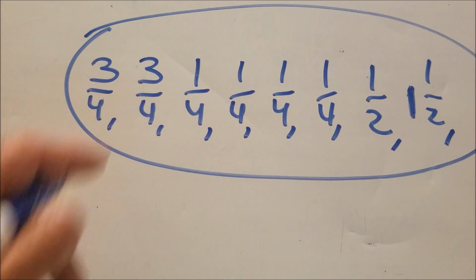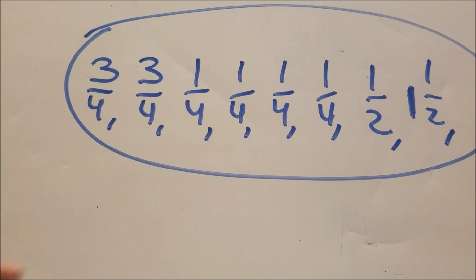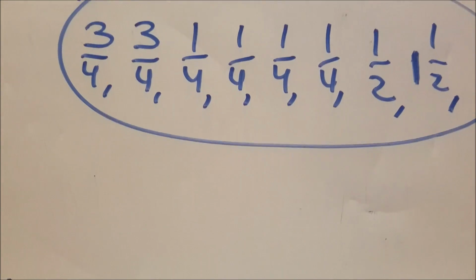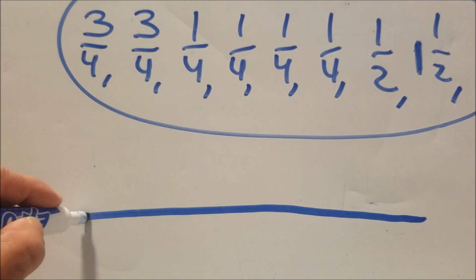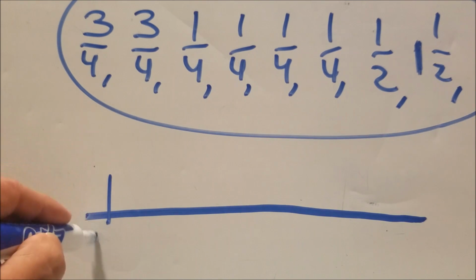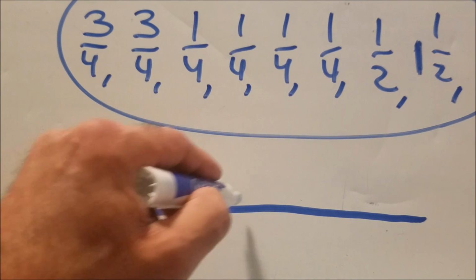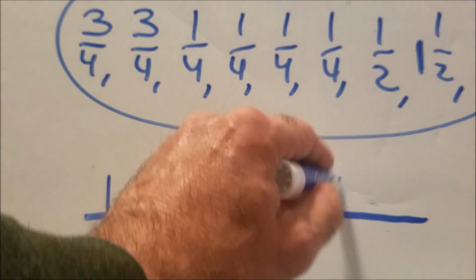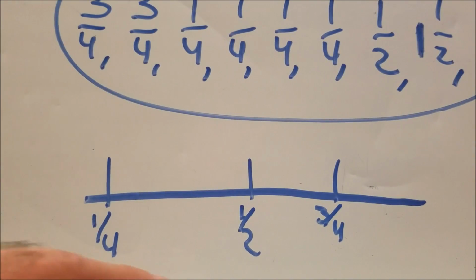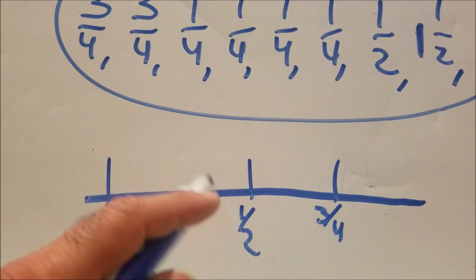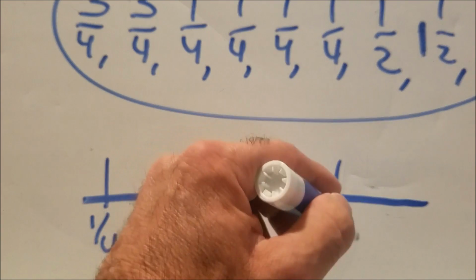So let's get the average first. Let's get the sum, right? So bring this down. Let's just make our line plot first. It's much easier. We should do that first. So we have a quarter. We have a half. We have 3/4. Right? But what is the last one? This is 1 1/2. It's bigger. It's greater.